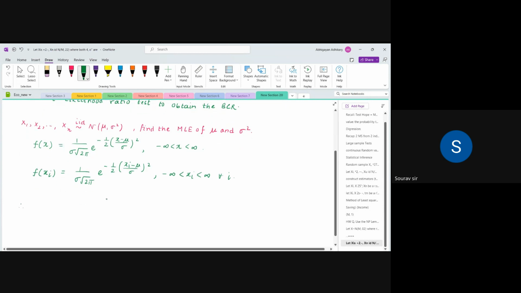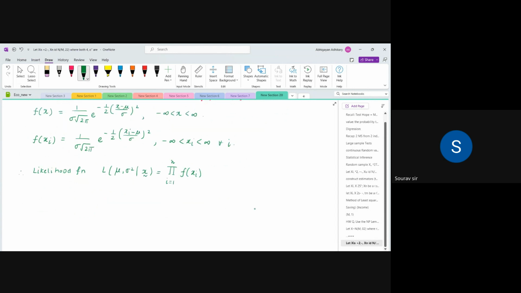From here, we need to define the likelihood function, which is a function of mu comma sigma square given all the x values, right? Which is a product of the density functions. So that will be the product for i running from 1 to n of 1 by sigma root over 2 pi e to the power minus half (xi minus mu by sigma) whole square.